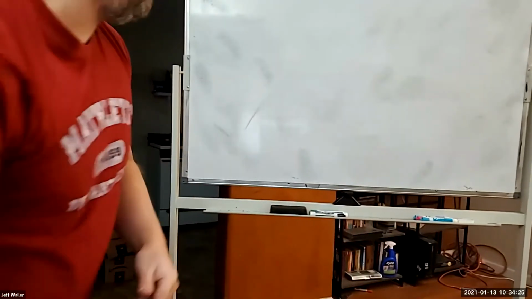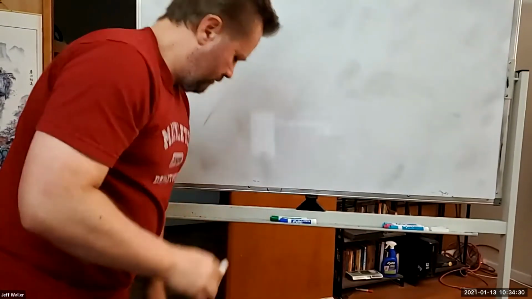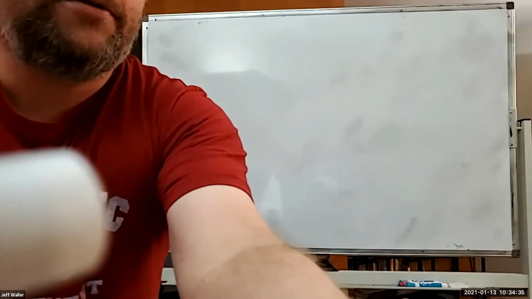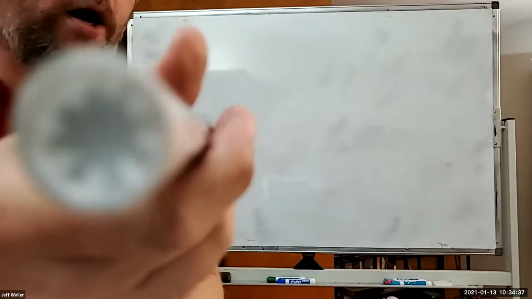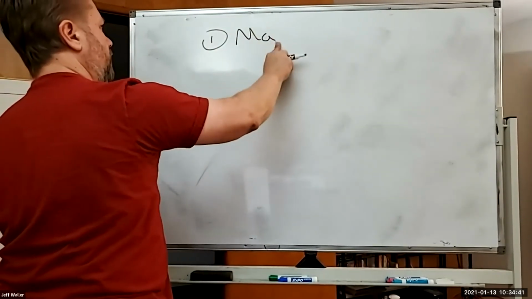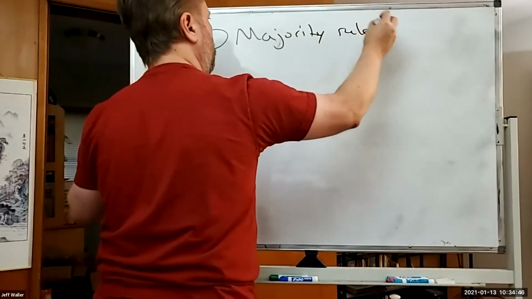If we truly only had 2 options, majority rule is simple and best. It's when we have more than 2 options that things get really murky, and that's the whole spoiler effect we talked about. Okay, so what have we talked about so far? Let me write some stuff up here. We have majority rule.